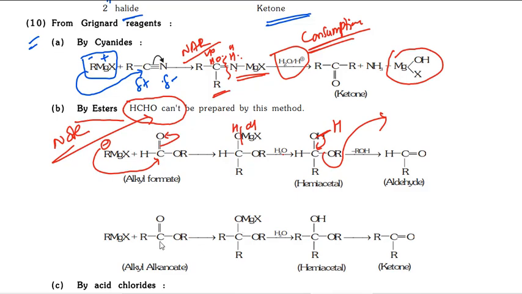Okay. Next, other than alkyl formate, if you take any alkyl alkanoate, you will get ketones. Here R minus attacks this carbonyl, MgX is there, lone pair. Okay, it forms an addition reaction.